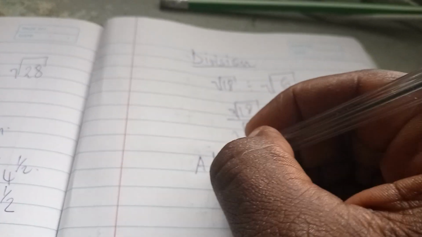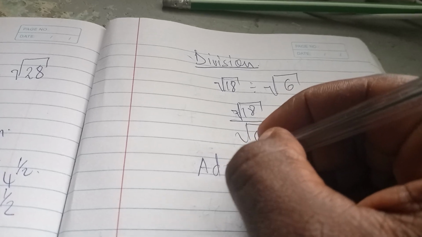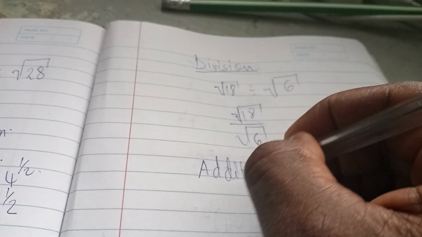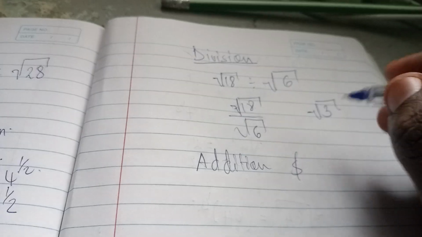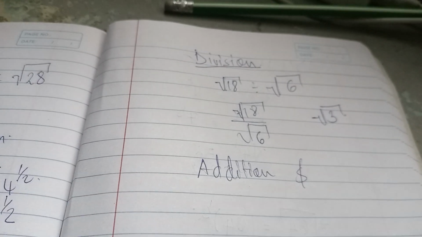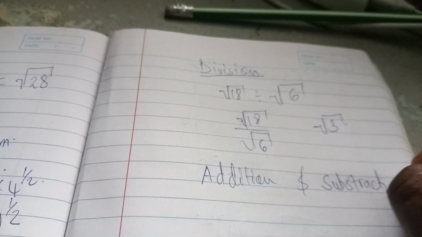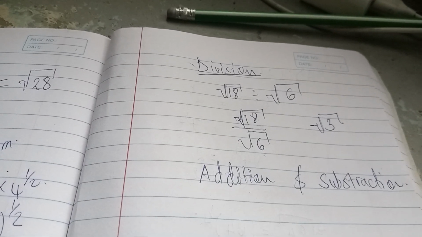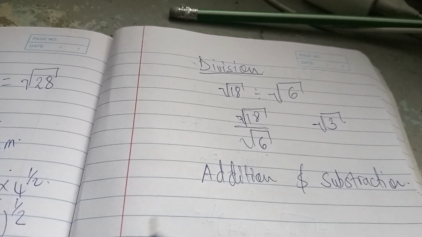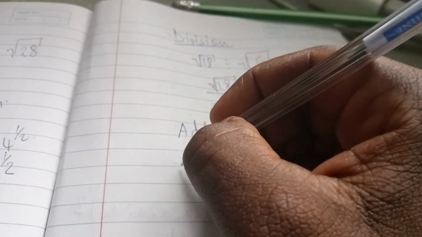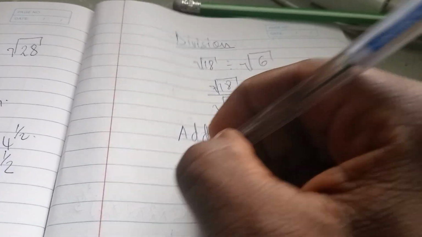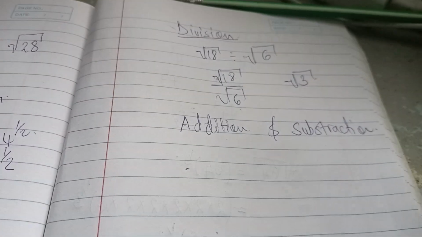Now let's go to addition and subtraction. Again, it's super easy. In addition and subtraction, we treat the radicals as something, let's say as variables in algebra. If the radicals are the same, then we can add or subtract them.